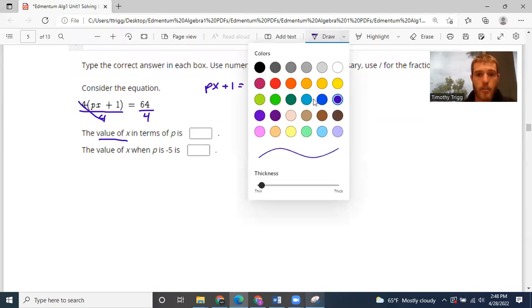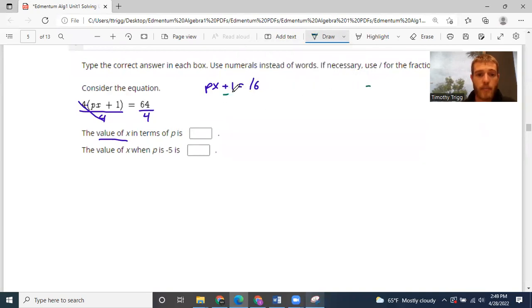Subtract 1 on both sides to cancel this 1, giving us Px equals 15. To solve for X, we divide both sides by P. So X equals 15 over P. Go ahead and put that here. I think you just need to write 15 and use this slash P, because it says use the slash for fractions.